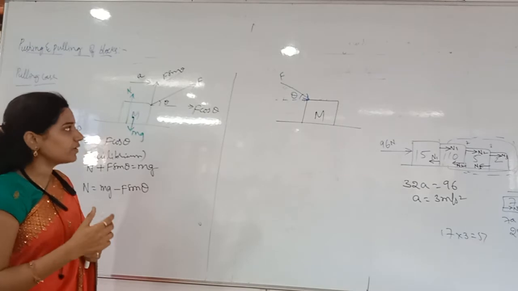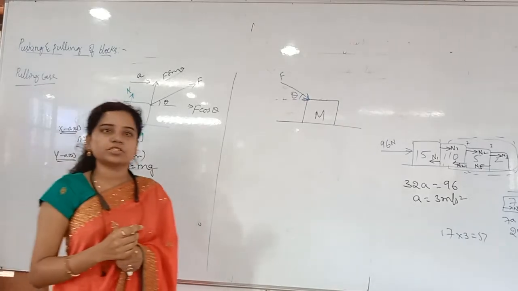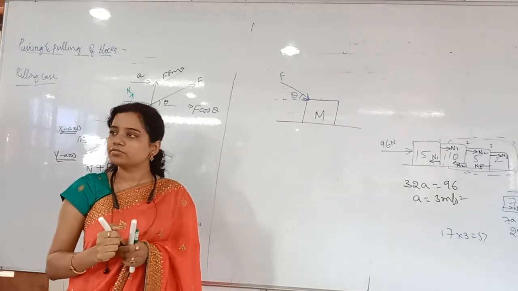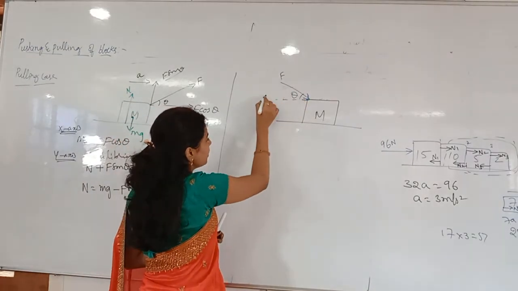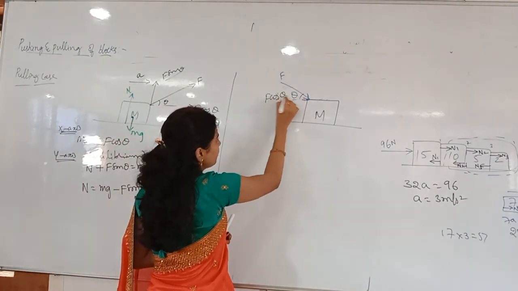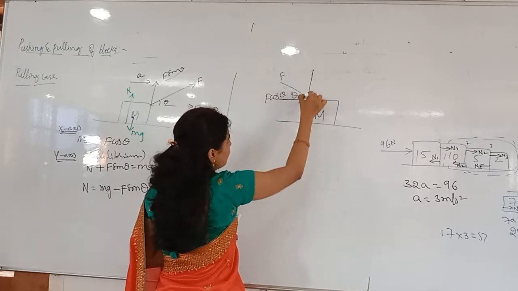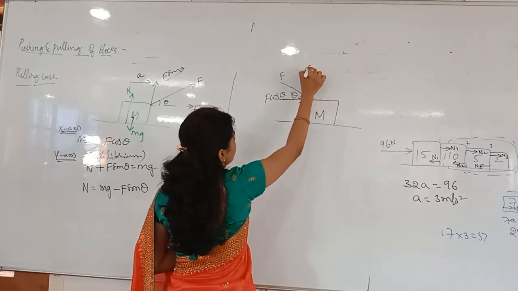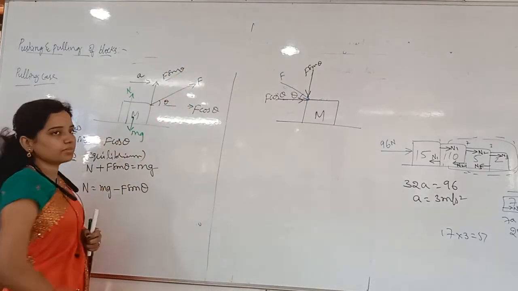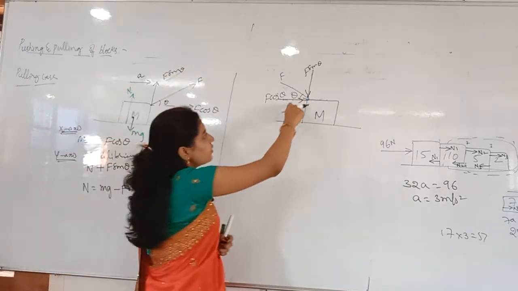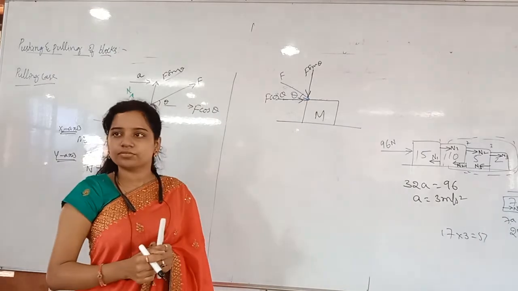Now can you tell me the equation for MA? Again the body is moving in the horizontal direction only. Here this is F, this is theta, then this component will be what? F cos theta, of course. And then downwards what will be there? F sin theta. See here, I have taken forces away from the block. Here I am taking the forces towards the block. What is the reason?